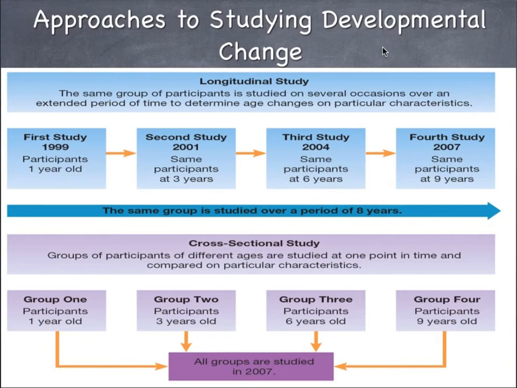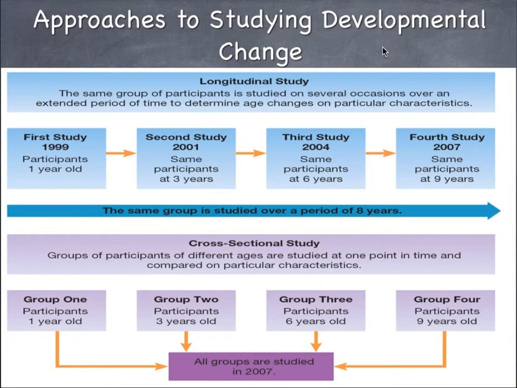And you want to be able to use cross-sectional studies, where groups of participants of different ages are compared on various characteristics to determine age-related differences. This is what they've done over many years to develop these theories and patterns about how we develop over a lifespan.